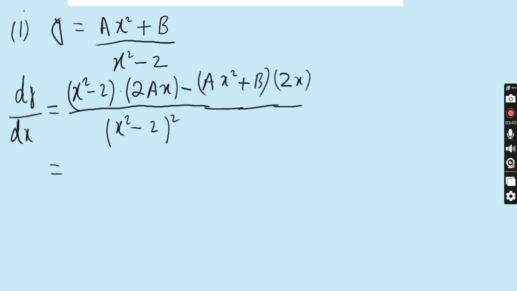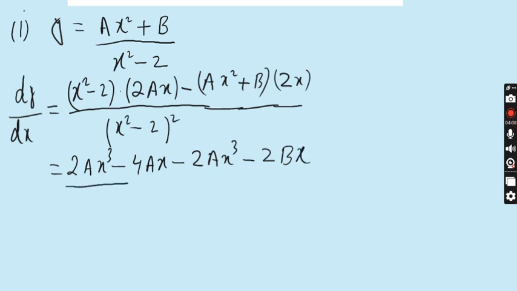2ax multiplied by x² is 2ax³, minus 2x into ax² is 2ax³, plus minus minus 2x into b is 2bx, upon (x² minus 2) whole square, is equal to.